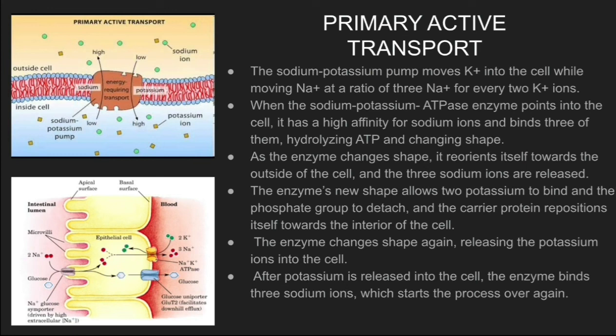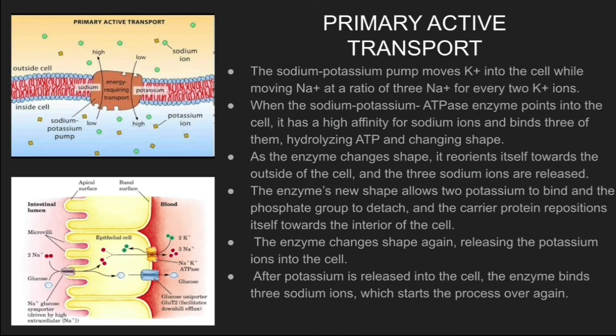While doing this direct form of active transport, it requires chemical energy such as ATP to transport the solutes from outside the membrane to the inside of the cell against the concentration gradient.